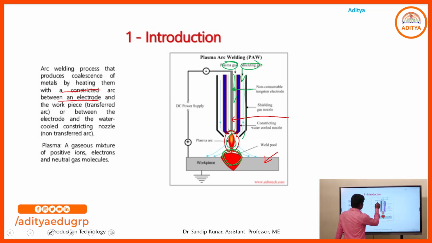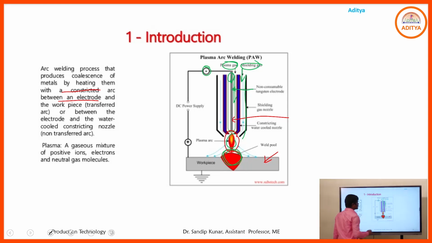The negative end of the power supply is connected to the non-consumable tungsten electrode. The other end is connected to the workpiece, which is connected to the earth. The heat generated by the plasma arc converts that part into a molten state, and then it becomes a welding joint.